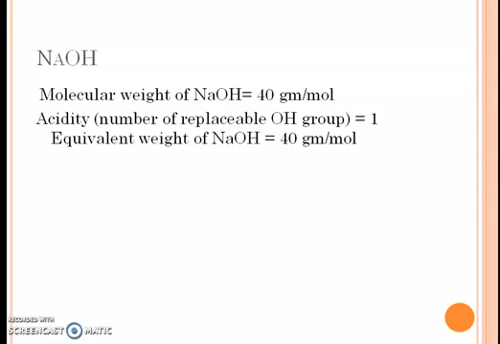And if we need to prepare the solution of particular normality, then we must know the equivalent weight of the sample or our substance, because during calculation of molarity we take into consideration molecular weight, and during consideration of normality we take into consideration equivalent weight. The molecular weight and equivalent weight concepts have been discussed in our previous sessions.